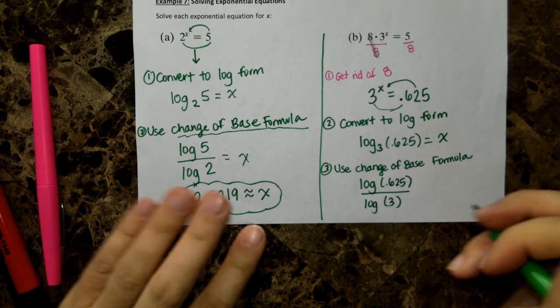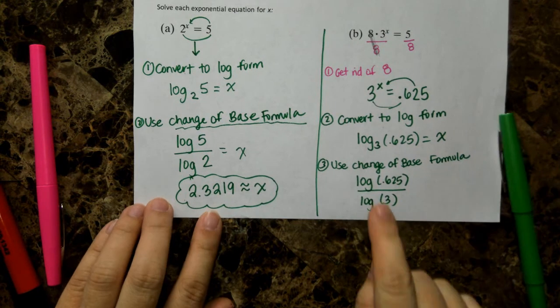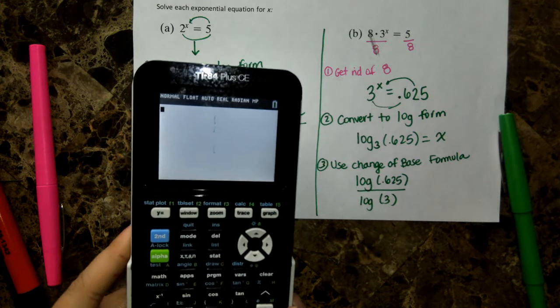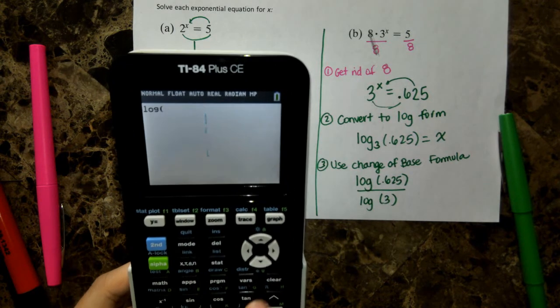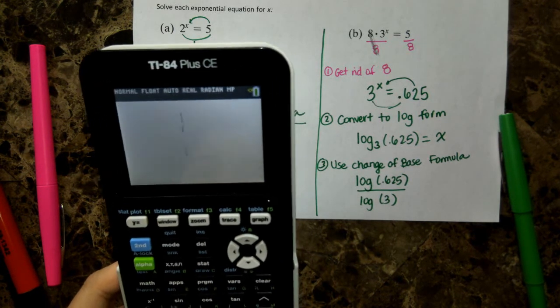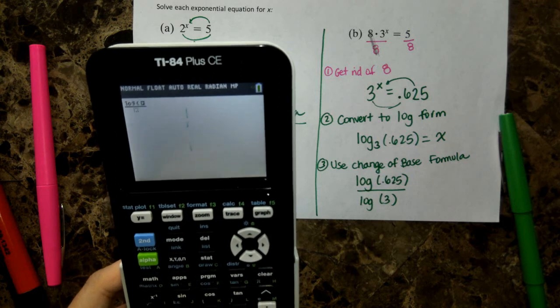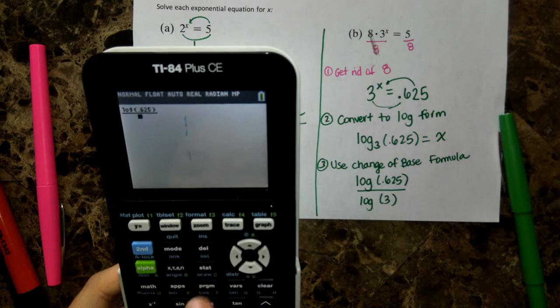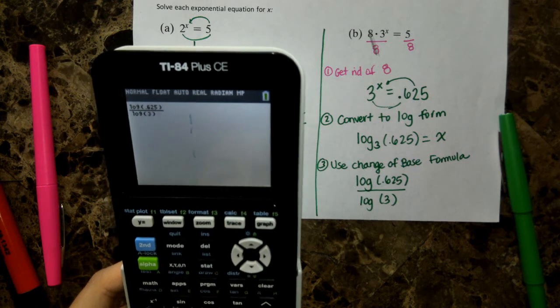You don't have to use parentheses, I just decided to. Now these are base 10s. You can write the 10s in or leave them off, it doesn't matter. Now that's something I can actually type in, so I'm going to use alpha y equals enter. On the numerator I'm going to type in log of 0.625. On the denominator, log of 3, enter.